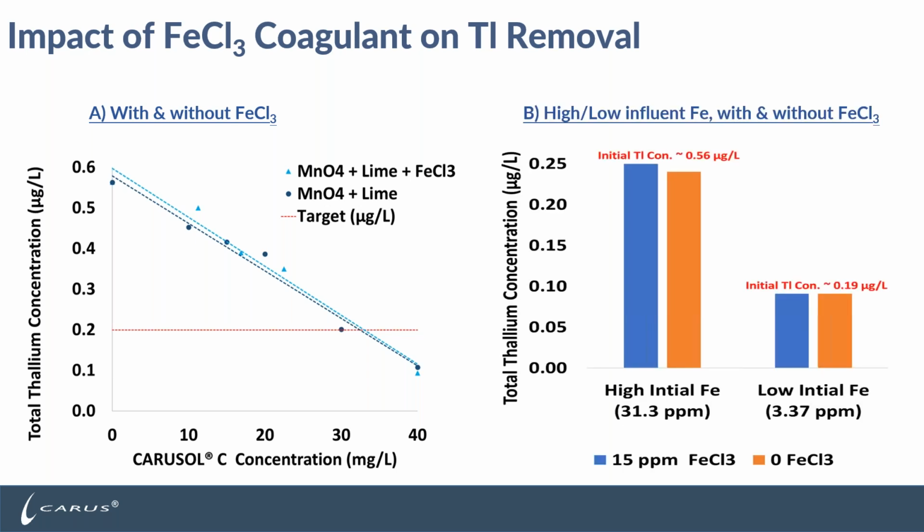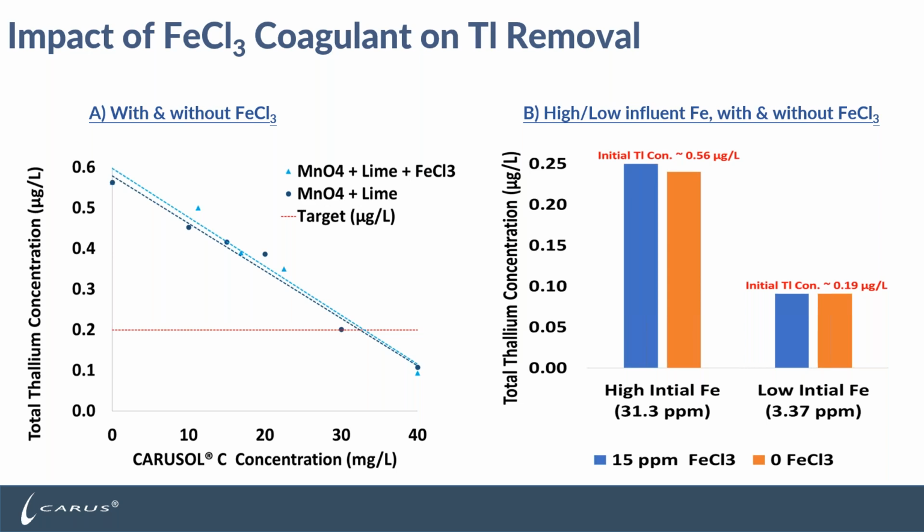We also wanted to look at thallium removal in response to different influent water characteristics. So the main concern in this case is that with low dissolved iron concentrations in the influent, there may not be enough precipitated material after the oxidation to achieve sufficient solid settling during clarification.